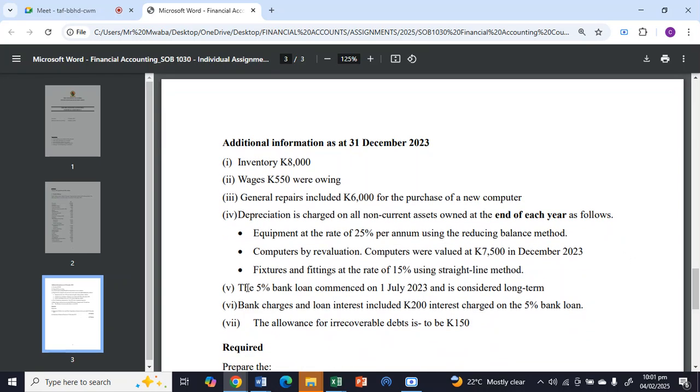The 5% bank loan commenced on July 1st, 2023 and is considered long term. So this loan starts from July and is going to end in June the next year.